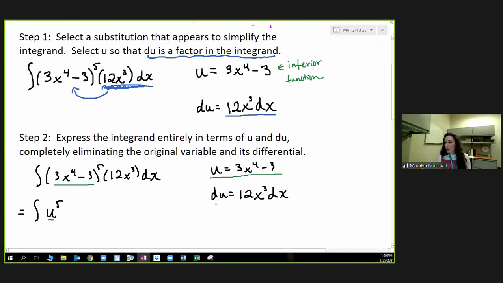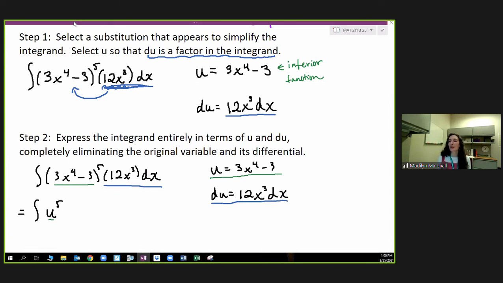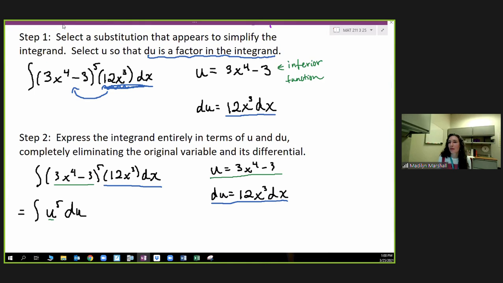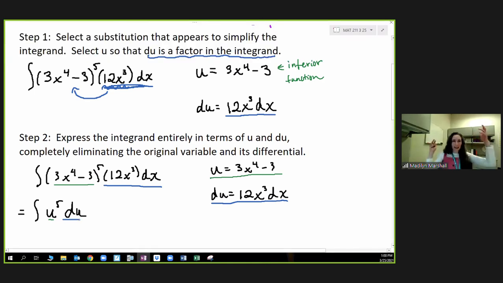And then we also found that du is equal to 12x cubed dx. So that whole 12x cubed dx gets to be replaced with du. And now we have such a simpler integral to work with.